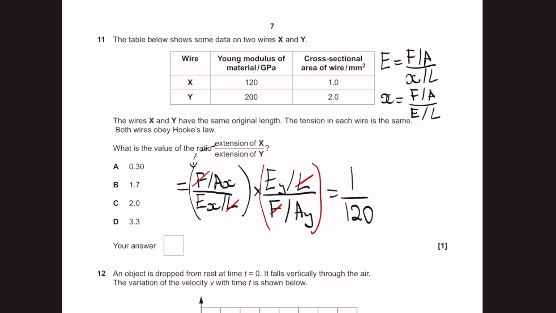And this here will then be multiplied by Ey, which is just 200, divided by... Now we have to be quite careful with the ratio because this is 1 over Ay, so this is 1 over 2. So this factor here will end up going in the numerator, so this here will actually be equal to 400 divided by 120, i.e. the correct answer must be D.